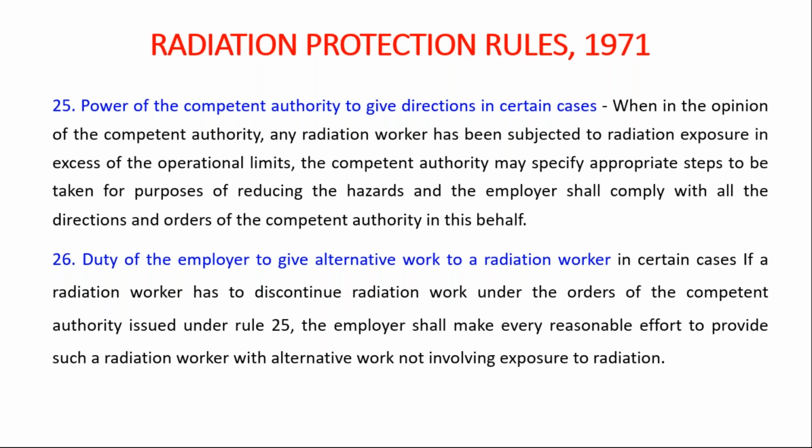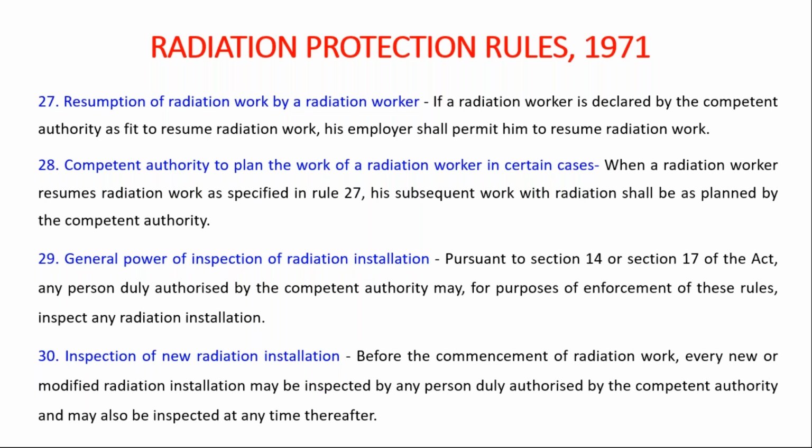Then rule number 27 is related to the resumption of radiation work by a radiation worker. If that radiation worker is declared by the competent authority as fit to resume radiation work, because in rule 26 we discussed what happens if the radiation worker is not fit to do that activity related to radiation, because the medical examination or the medical record says that he is not fit to do that activity.